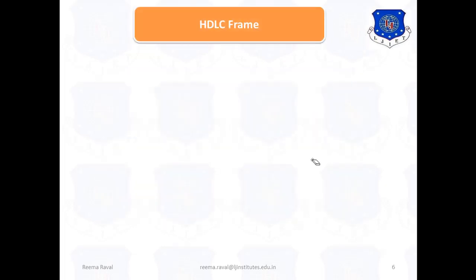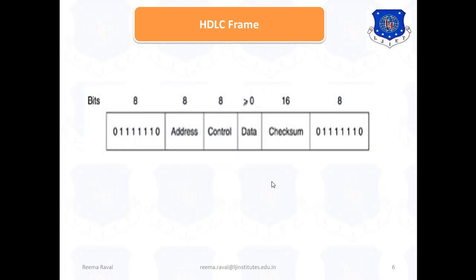Now let us see the HDLC frame structure. Here the HDLC frame structure has 6 fields.